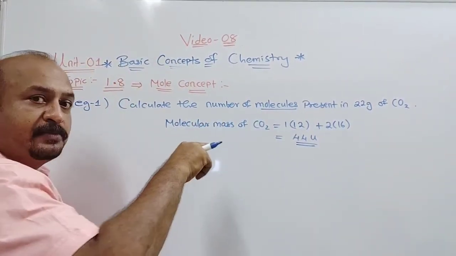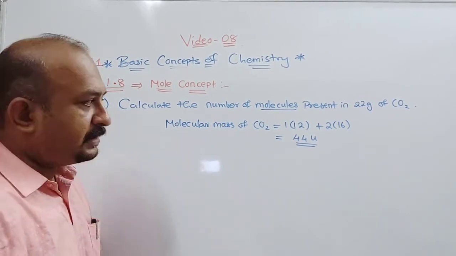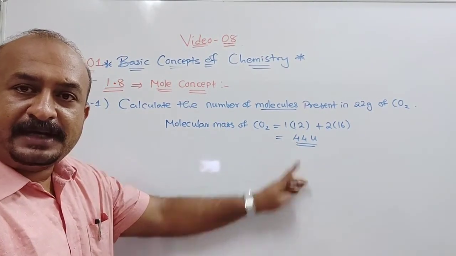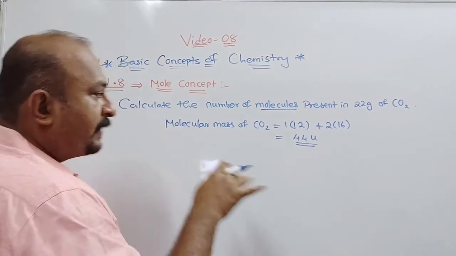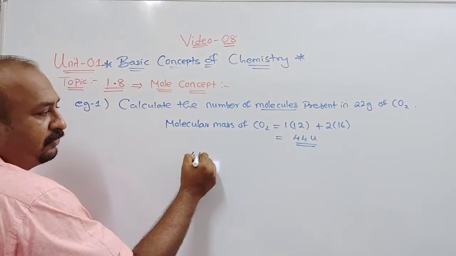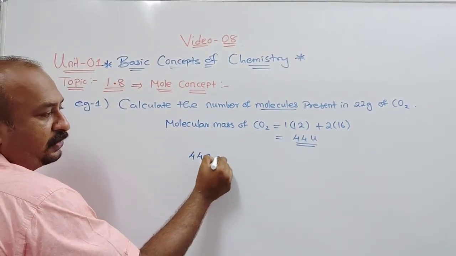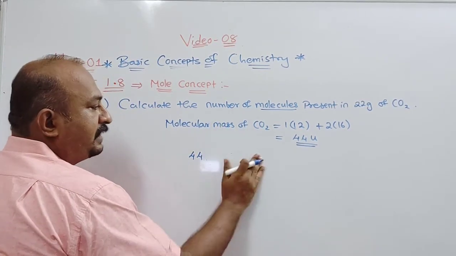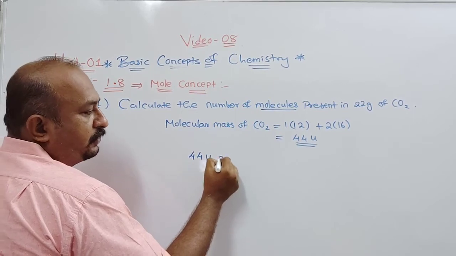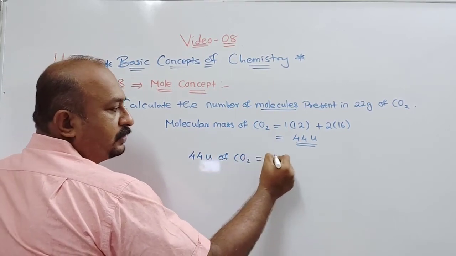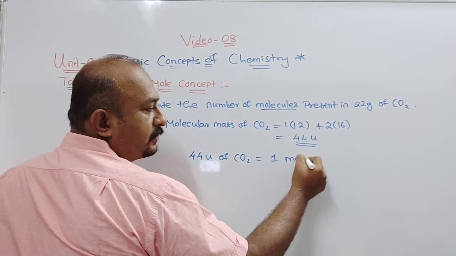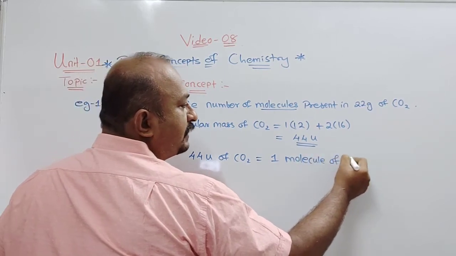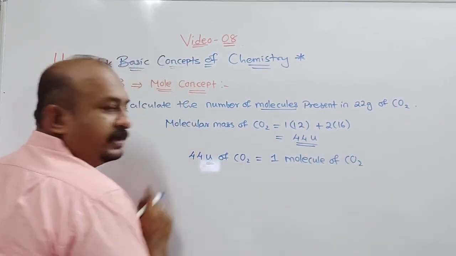Now for calculating molecules using the mole concept, you have to convert this unified mass into grams. So I can say, starting from the beginning, 44 U of CO2 is equal to 1 molecule of CO2, because U is there.